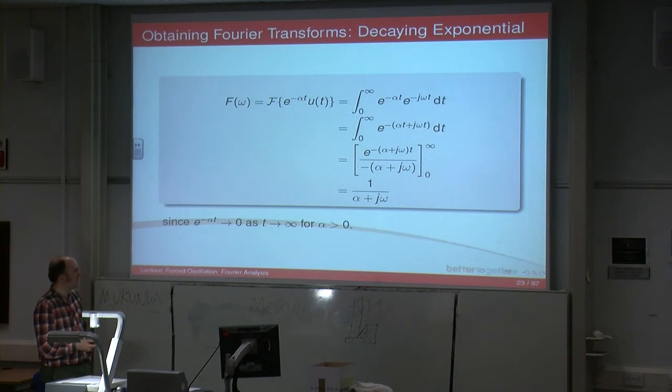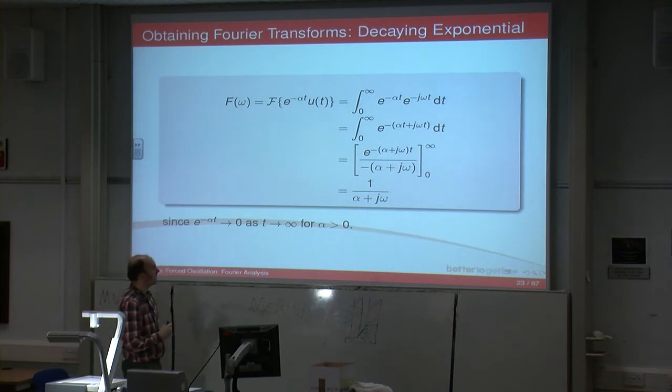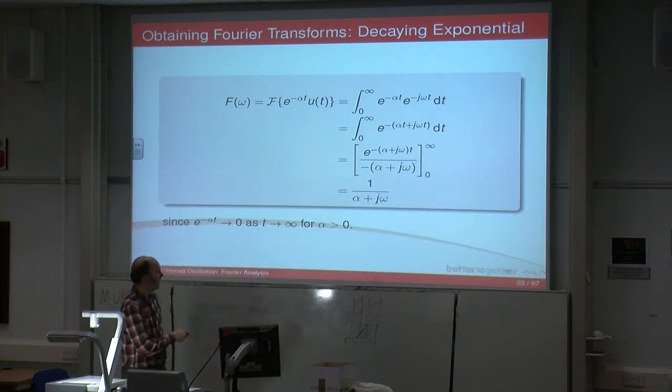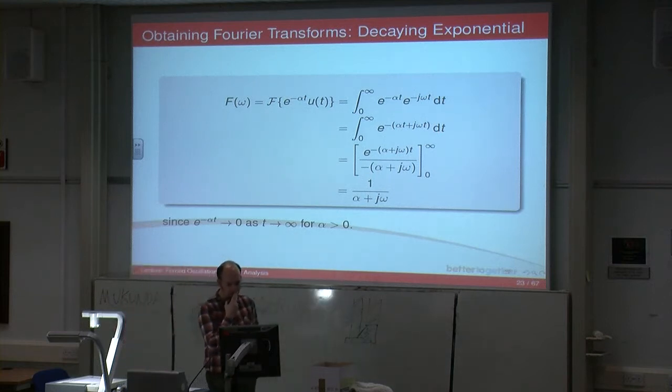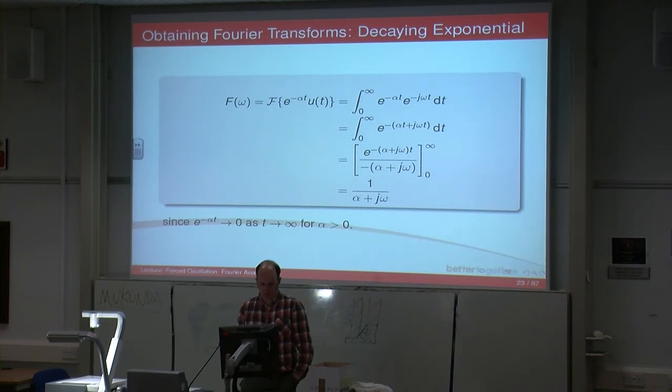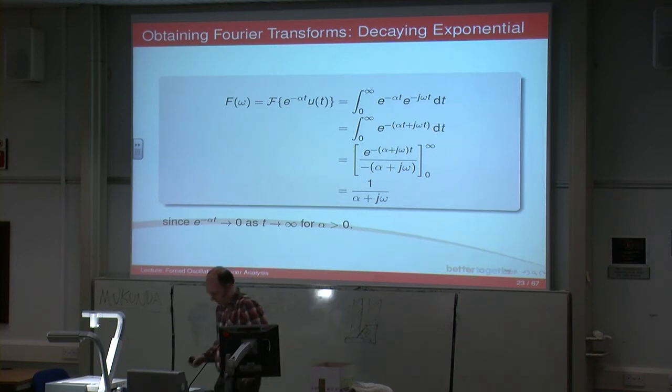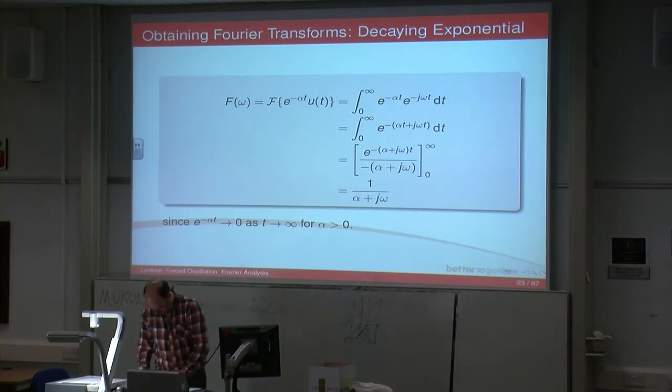We stick infinity in for t. e to the minus infinity is 0. And then e to the minus 0 is 1. So you get 1 over alpha plus j omega. e to the minus alpha t is 0 as t goes to infinity for alpha being greater than 0, alpha being positive.